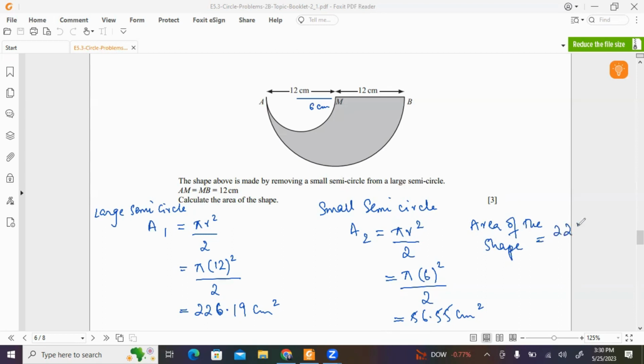So 226.19 minus 56.55 is 169.64 centimeters square. That is your answer.